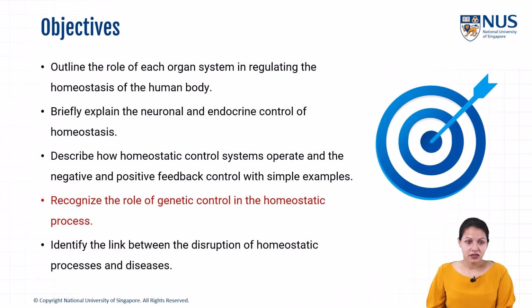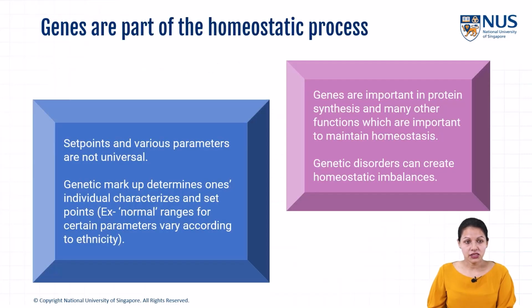So next, we'll be looking into the role of genes in the homeostatic process. So this is just an outline of the genes in the homeostatic process. The genetic makeup of an individual determines one's individual characteristics and set points. So, set points of various parameters are not universal.